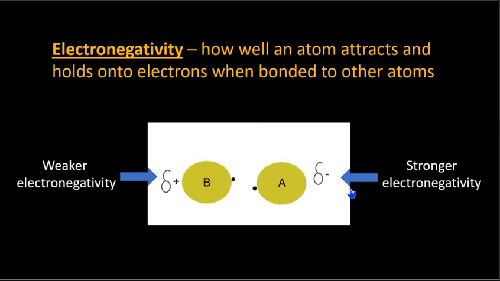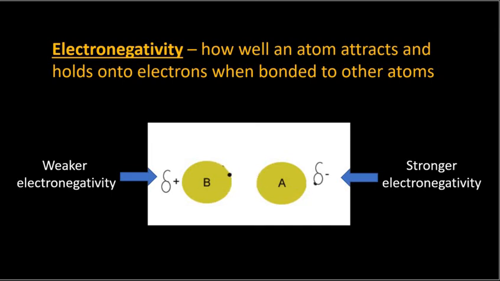So if we look at the next scenario, where you have one element that has a stronger electronegativity and one that is weaker, what you will see is that although they are still sharing the electrons, the electrons are spending more time around one of the atoms, in this case the A. And because electrons are negative, they are causing that part of the molecule with A to act slightly negative.